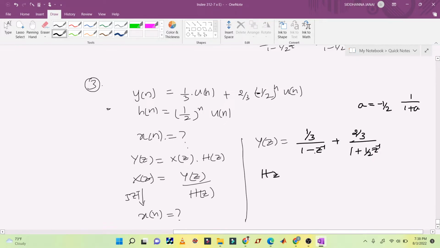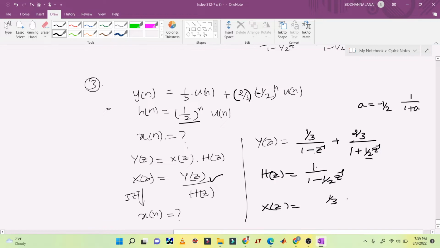H of z is equal to 1 divided by 1 minus 1 by 2 z inverse. So here you can see the difference. Here it is 1 by 2 to the power n, and here it is minus 1 by 2 to the power n u of n. So this is 1 divided by 1 minus 1 by 2 z inverse. This is 2 by 3, that is this constant, divided by 1 plus 1 by 2 z inverse. Now x of z is equal to, as we already found out, y of z divided by h of z.